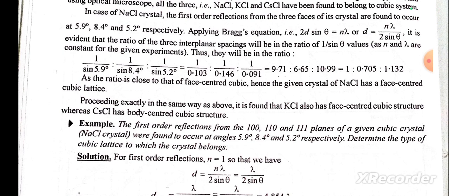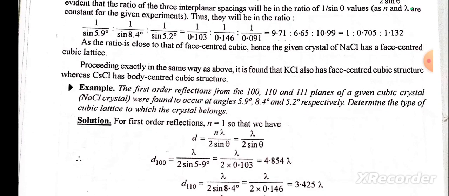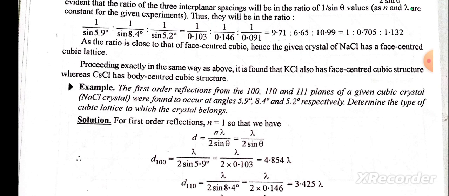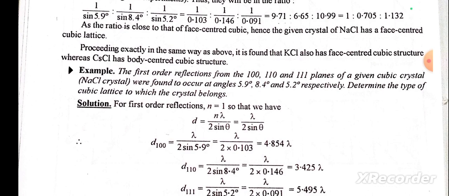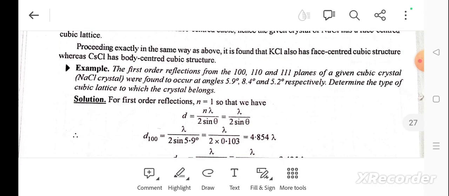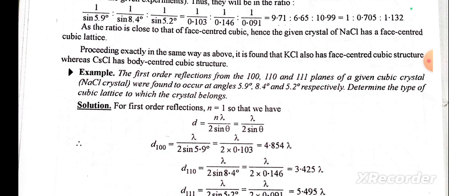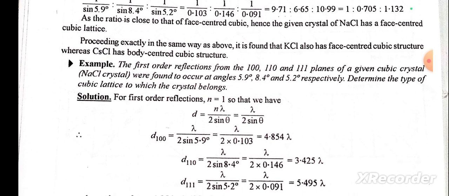Thus, the ratio will be 9.7 to 6.65 to 10.99. As the ratio is closer to the face-centered, the crystal of NaCl has a face-centered cubic structure. It is found that KCl has a face-centered cubic structure, whereas CsCl has a body-centered cubic structure.